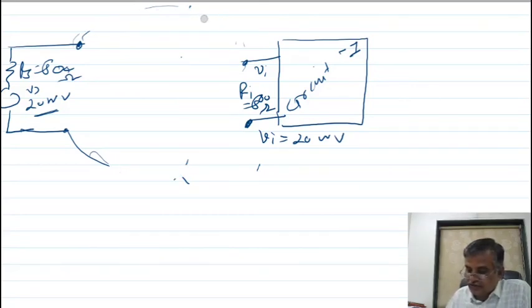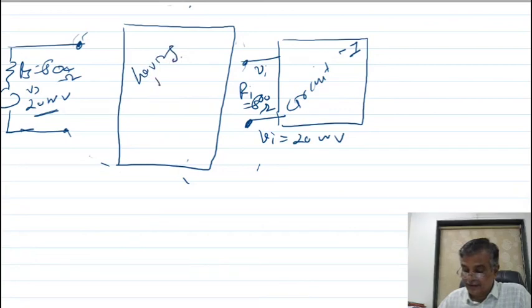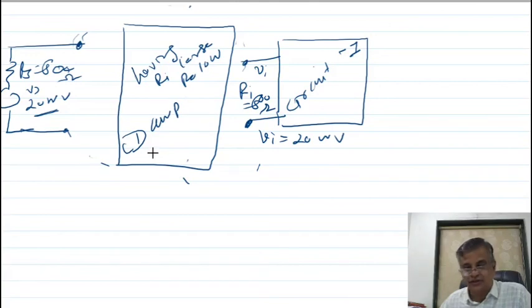One circuit in such a way that its input resistance is very large. So I will connect one circuit having Ri large and Ro low. So it is nothing but the common drain amplifier, or the source follower, that I have to connect. Source follower.